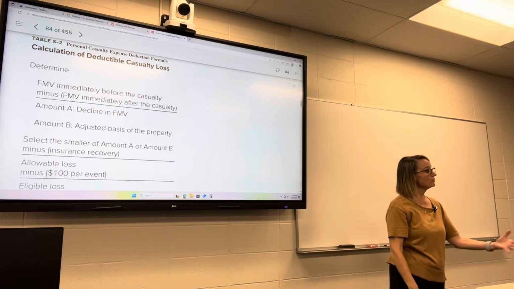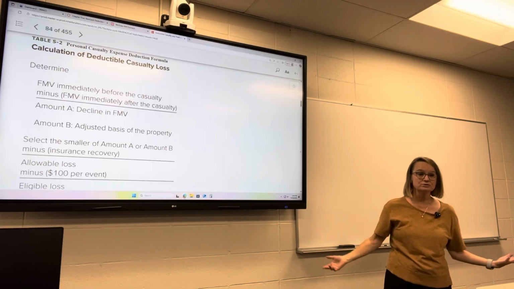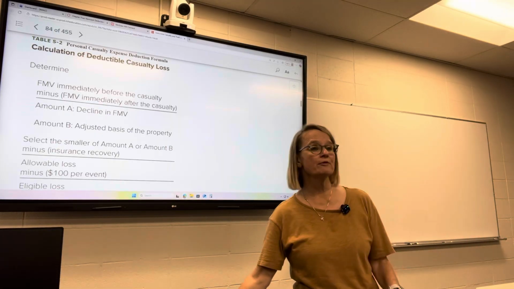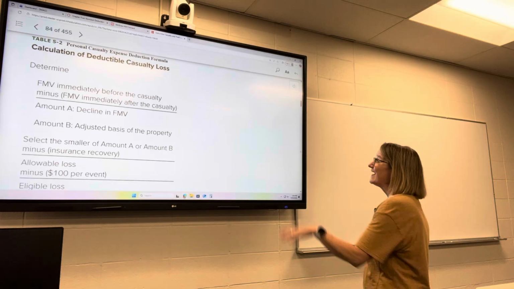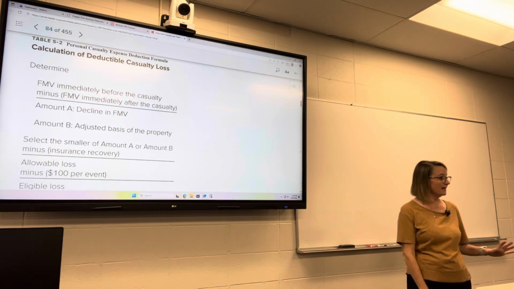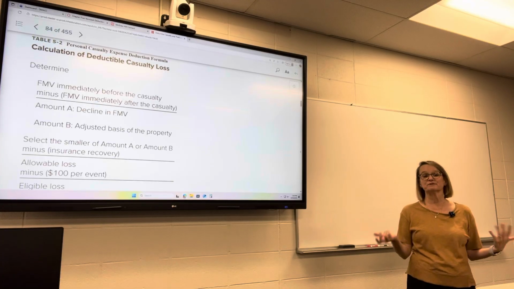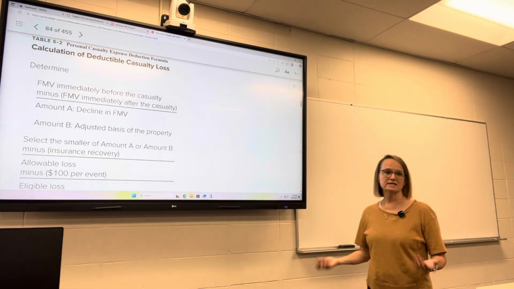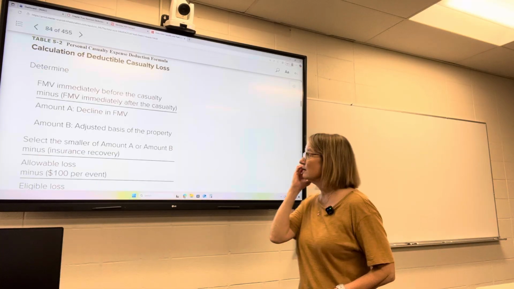So what was it worth before the hurricane? You've got a house that's worth $300,000 before the hurricane hits. Then you subtract what the fair market value is immediately after the casualty. This is determining how much damage was actually done to the value of the property. So let's say there was $100,000 of damage.